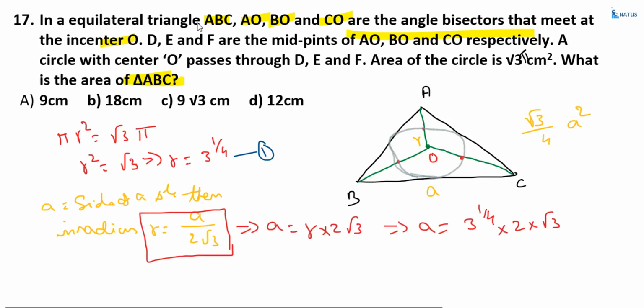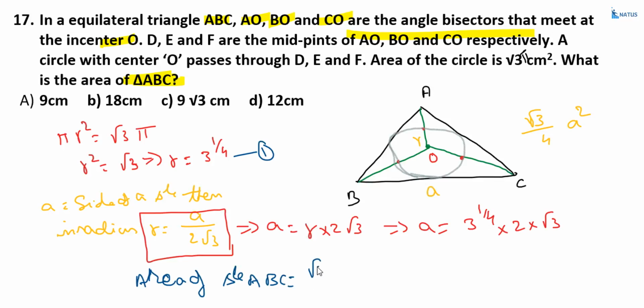Right? And next, what we required? Area of a triangle. Area of triangle ABC, that is equal to root 3 by 4 A square, right?